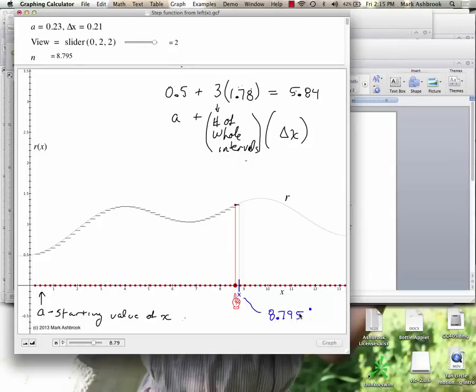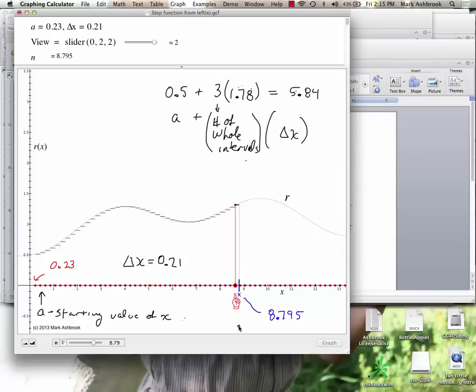And what's A? 0.23 is our starting value of A. And delta X is 0.21. How are we going to calculate the number of whole intervals from these three values? Our starting value is 0.23, our width is 0.21, and we need the one that's just to the left of when X is 8.795.